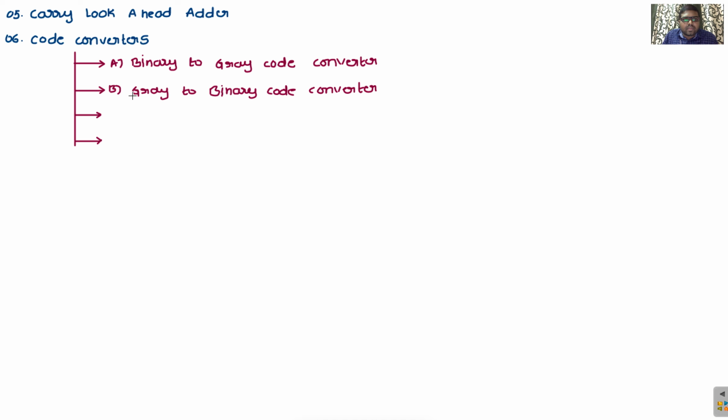Okay, and next, binary to XS3 code converter.